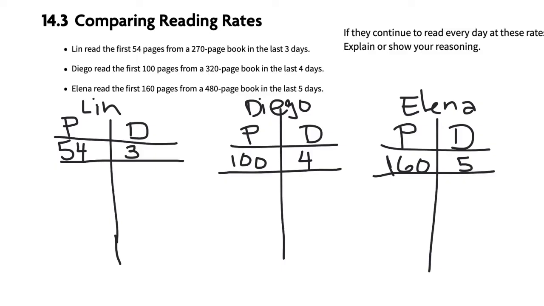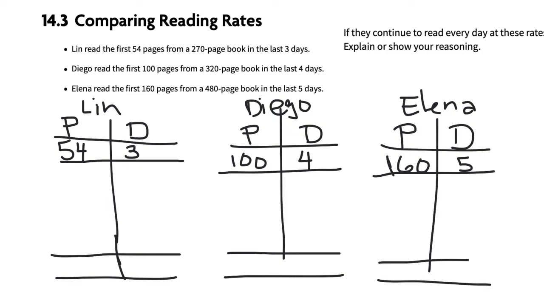Now our job is to figure out how long it is going to take each of these kids to read their book. So that's going to be my bottom row of my table. Lynn is reading a 270-page book. Diego is reading a 320-page book, and Elena is reading a 480-page book.